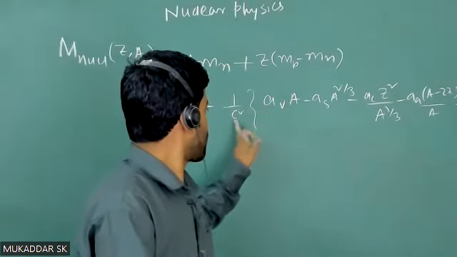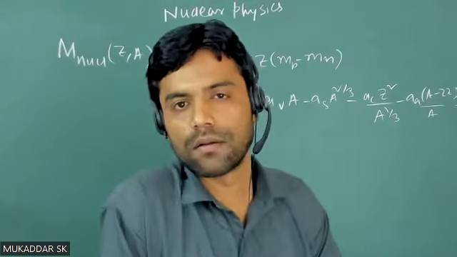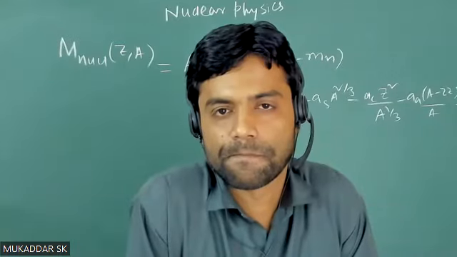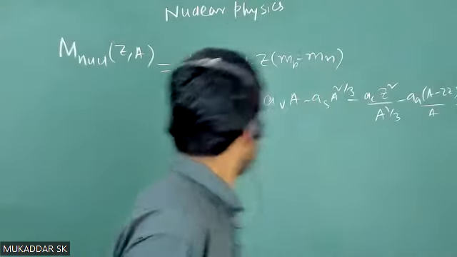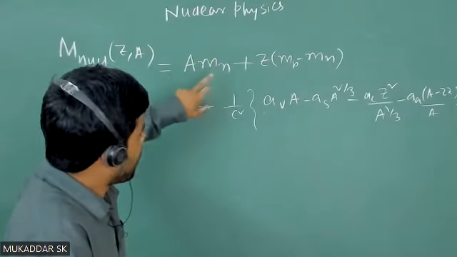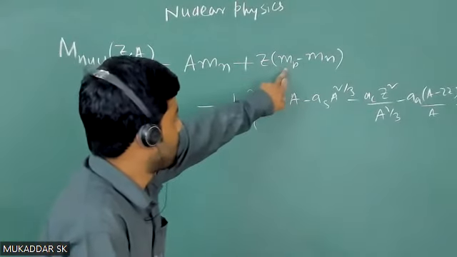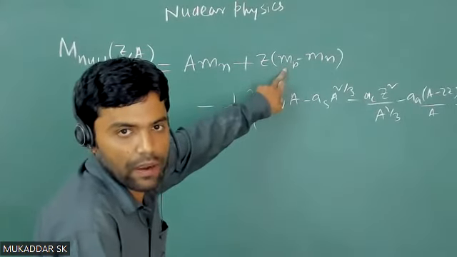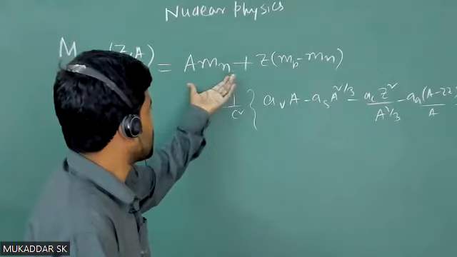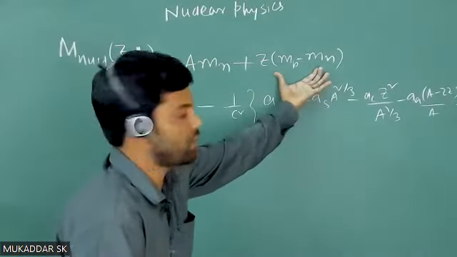If you absorb this 1 by c square, then it will be converted to what? AMU. Exactly. So this I have written in, or I know the mass of neutron in terms of atomic mass unit. I know the mass of proton in terms of atomic mass unit. So this is nothing but in the form of atomic mass unit. This is also in the atomic mass unit.